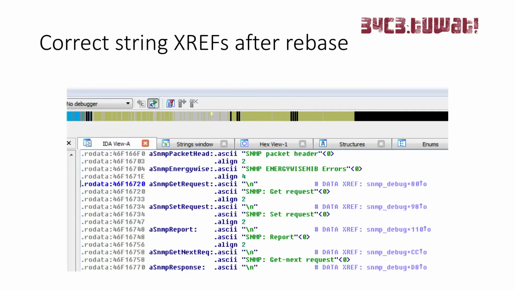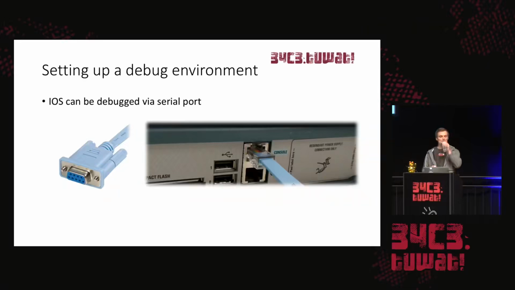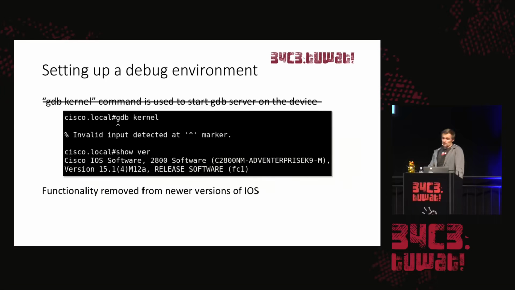But in order to build an exploit, it will not suffice to only have IDA Pro loaded with the firmware with all the cross references. You probably want to set up a debug environment. It is well known that IOS can be debugged via a serial port, and there's a GDB kernel command that is used to start the internal GDB server, or it was, because the functionality was removed in recent versions of IOS, and you can't really run GDB.